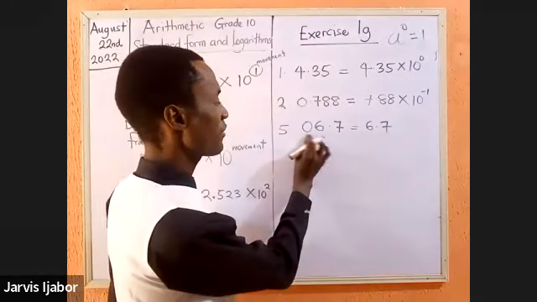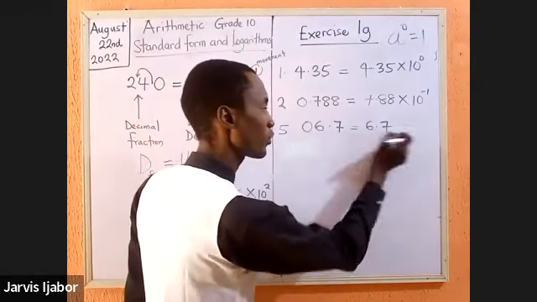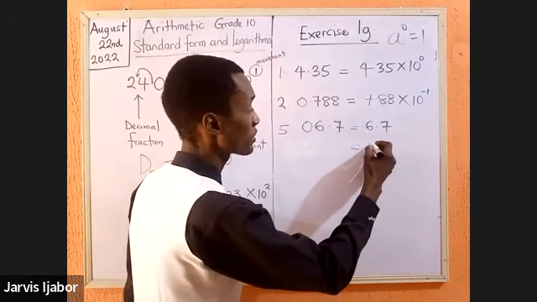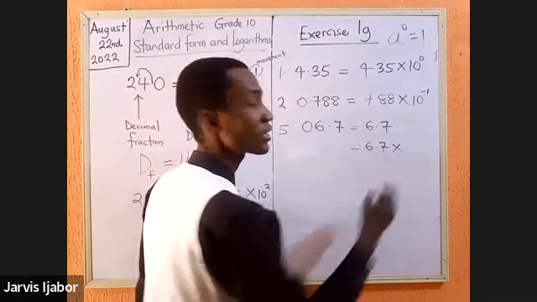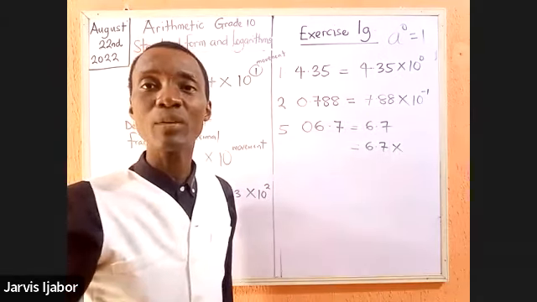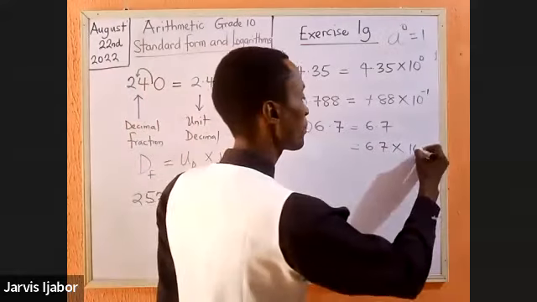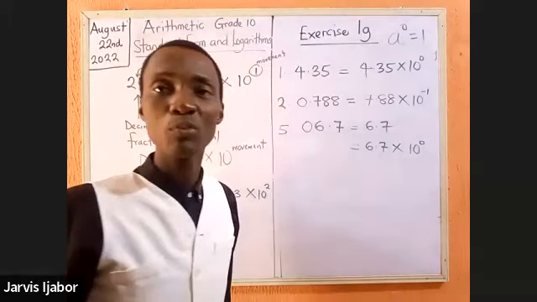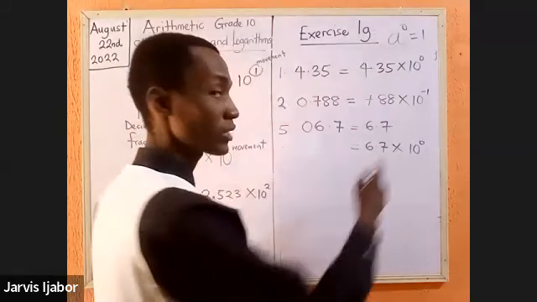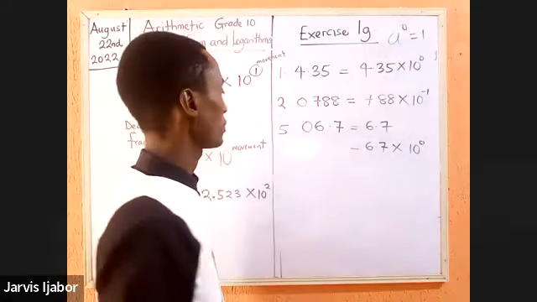So you don't have any business with this one. So this is a number being given to you. So if you look at that, this will be 6.7 times what? This is a unit decimal. So what it means is that you've not made any movement. So that will be 10 to the power of what? 0. All right. So that takes care of that.